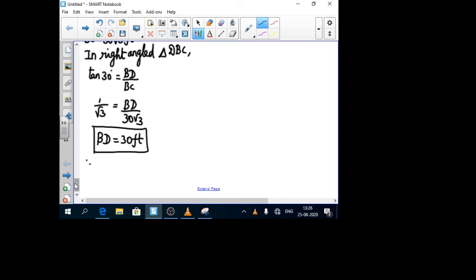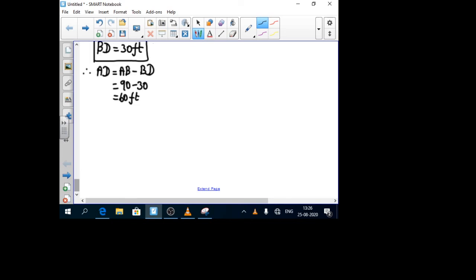So AD is equal to AB minus BD, that is 90 minus 30, equal to 60 feet. So the distance descending by the lift in 2 minutes is 60 feet.